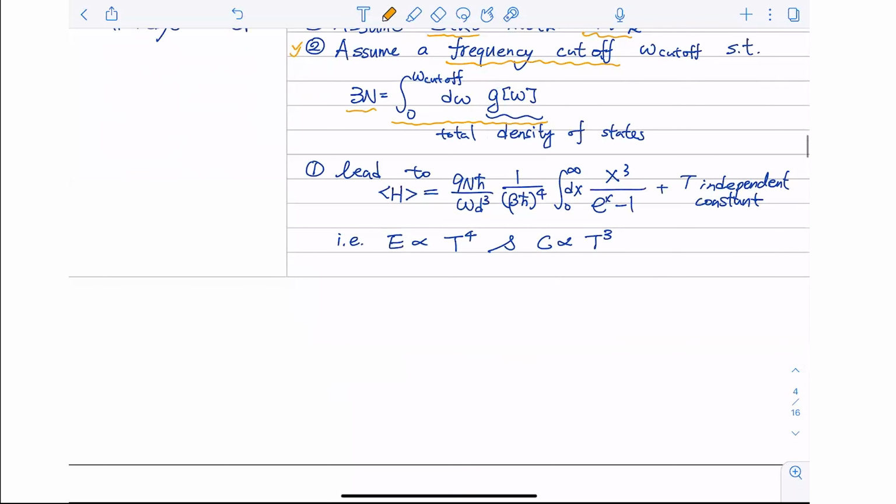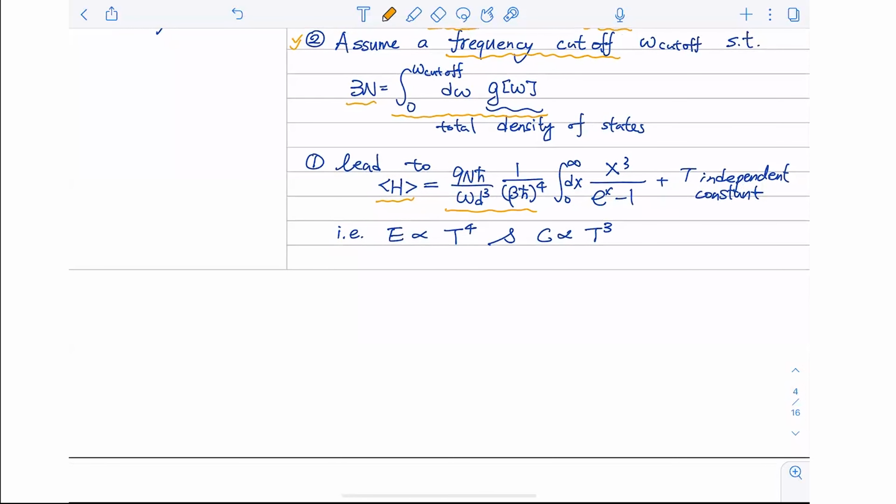Basically, in our last lecture, we tried to evaluate the expectation value of the Hamiltonian. And after some mathematical manipulation, we get this expression. The key property of this expression is its dependency on the temperature.